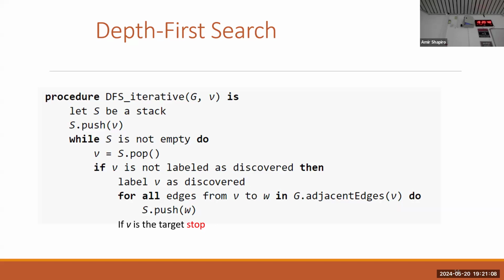First, we pop a vertex from the stack, and we call it V. If V is not labeled as discovered, it's not gray, then label V as discovered, so put a color gray on V. And for all edges from V to W in the adjacent edges of V, so all the vertices around V which we can go to, we put them one by one into the stack.